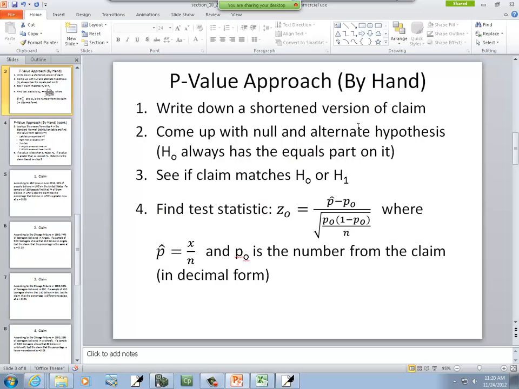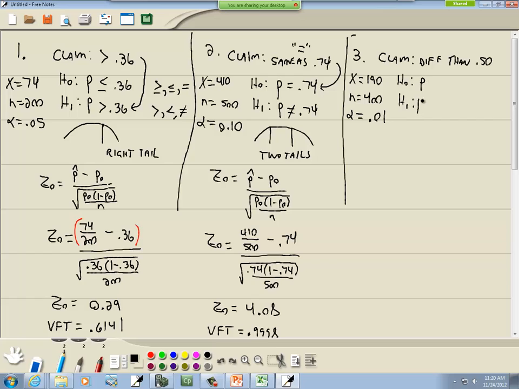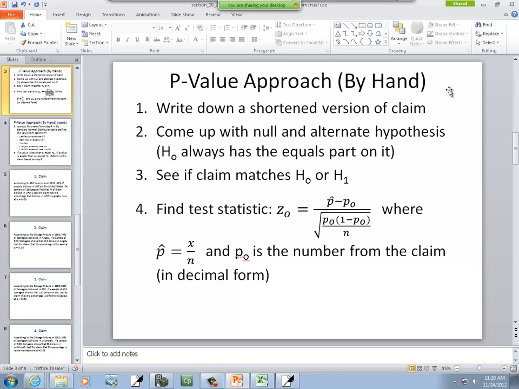We did that. Step 2, come up with a null and alternate hypothesis. Different than would be a not equal to, which the only place you can put that is on H1. Remember where we can put these symbols. Then this has to be equal: 0.50 and 0.50.